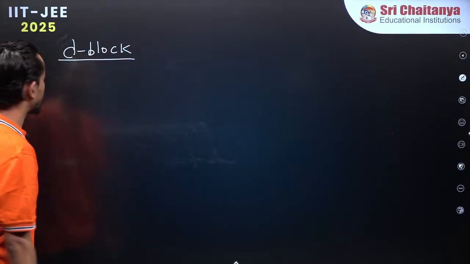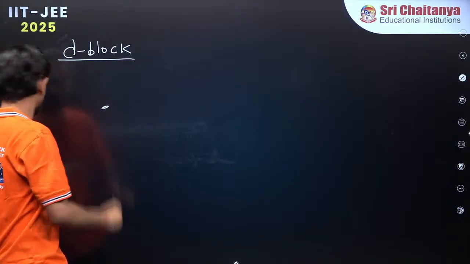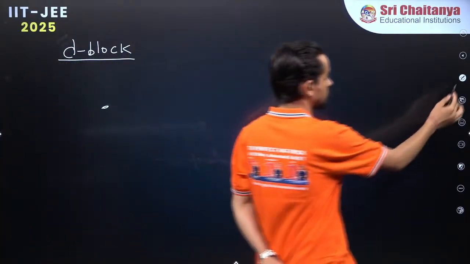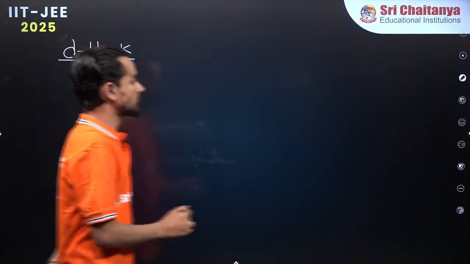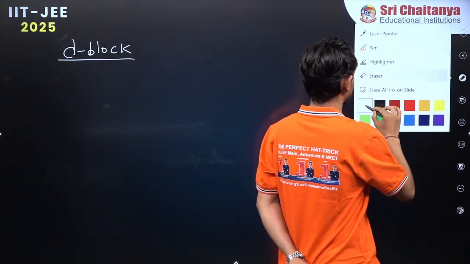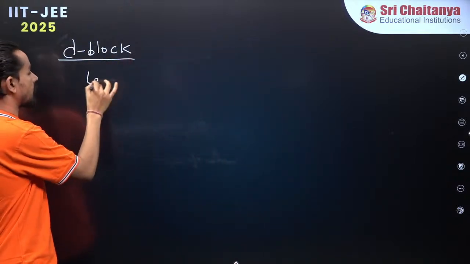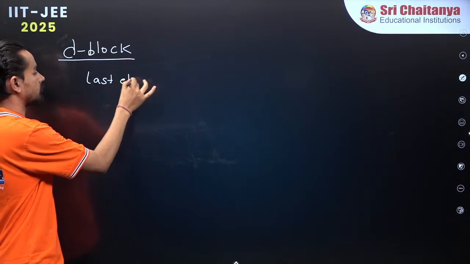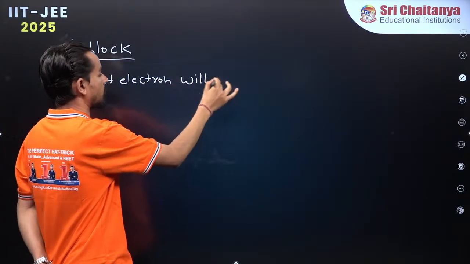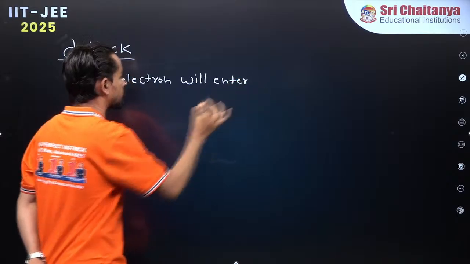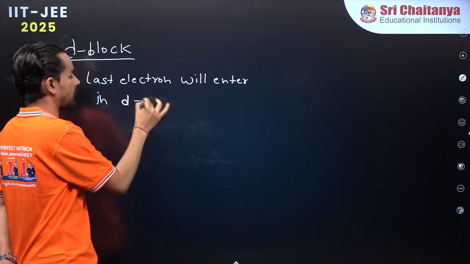So in D block, the last electron will enter the d orbitals.